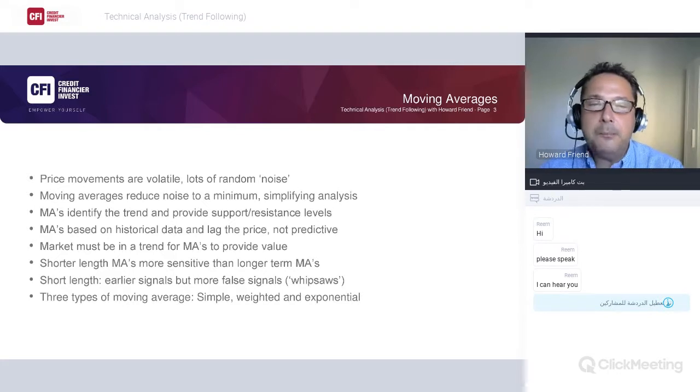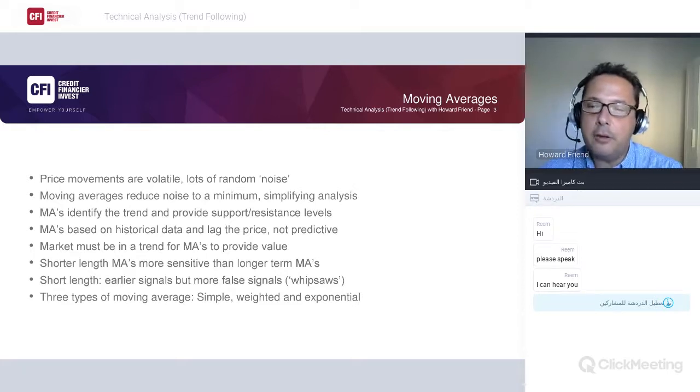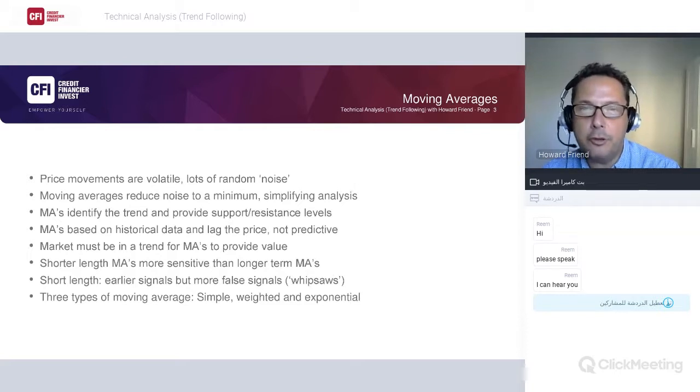The reason technicians and traders like to use moving averages is because price movements are quite volatile. The idea of using a moving average is to filter out a lot of the random noise to get more of a gauge as to which way the market is trying to go.